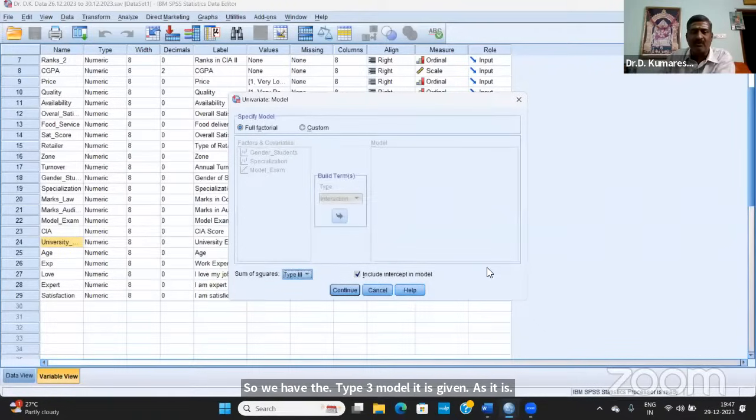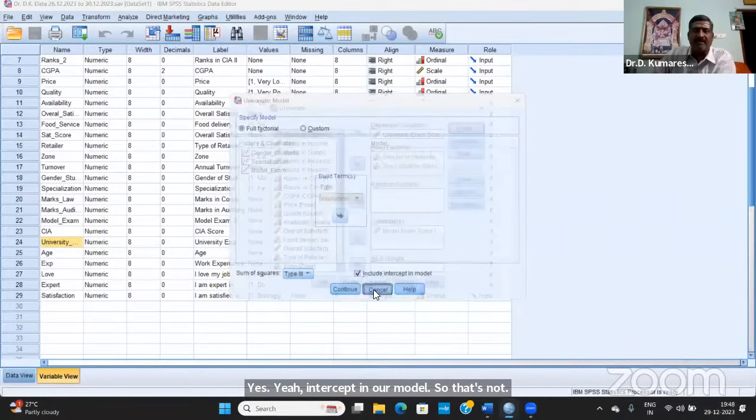Then whether to include the intercept in the model or not. Obviously, we include the intercept in the model. Suppose if you don't want to include the intercept, we can uncheck. We are using the intercept in our model. So that's all.